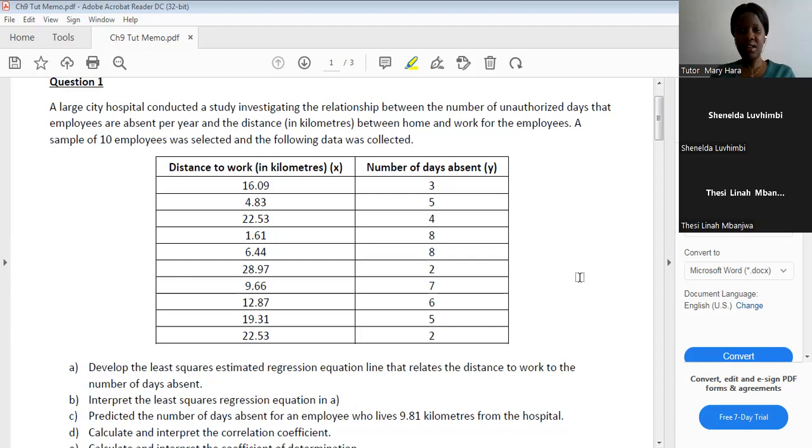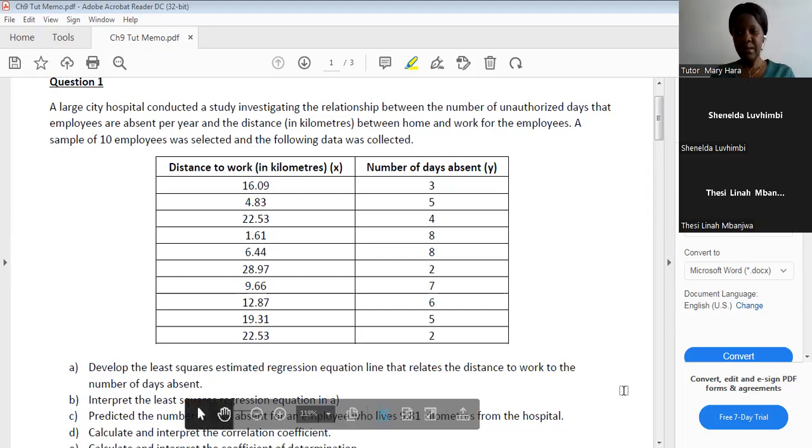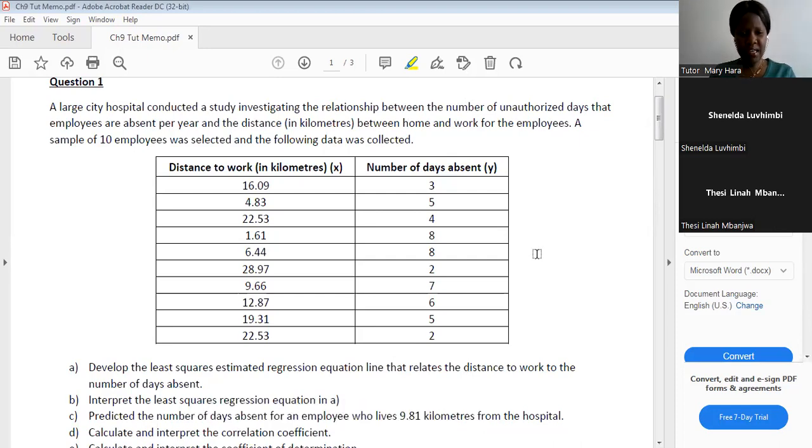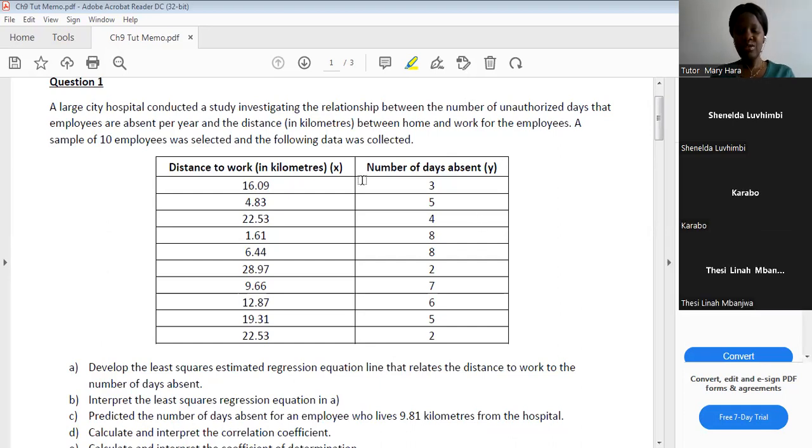So you are given data on distance to work in kilometers, which is X, and the number of days absent. So they're asking you to develop a least squares estimated regression equation line that relates distance to work to the number of days absent.